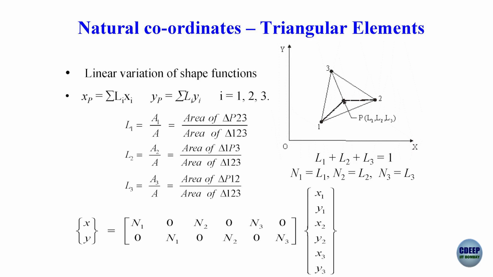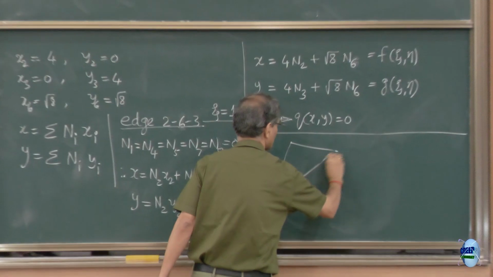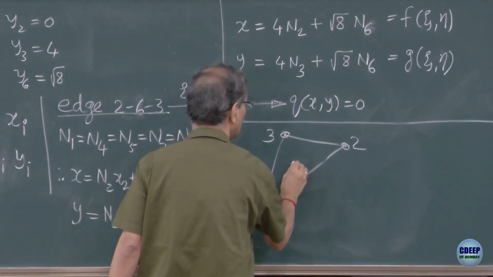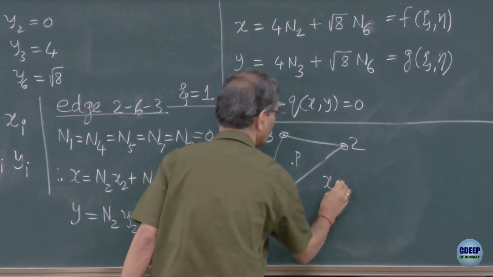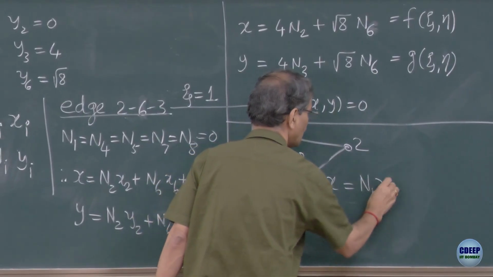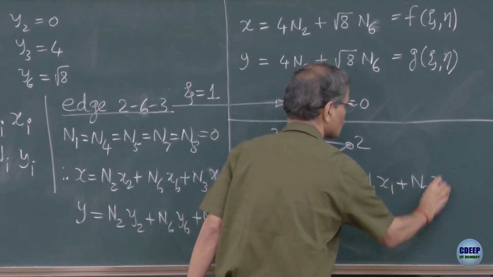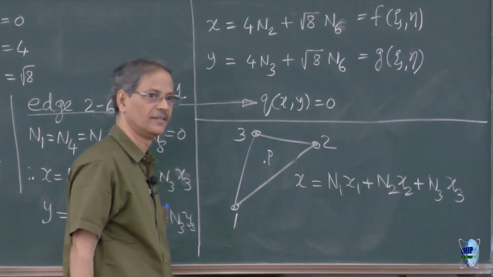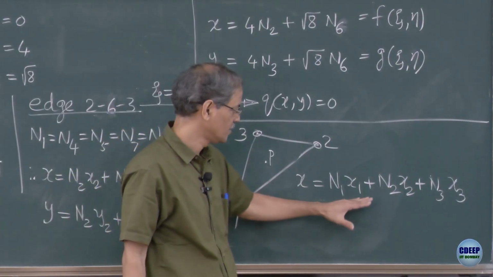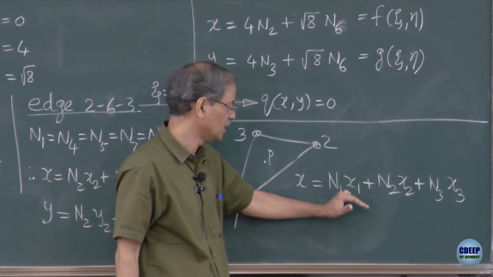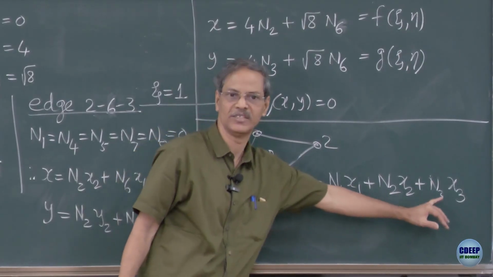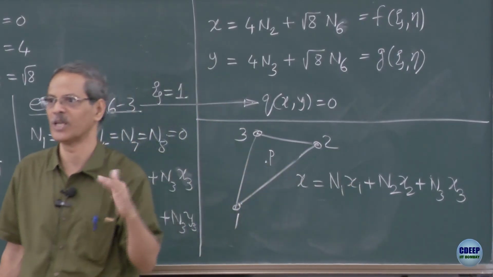So for a 3-node element, 1, 2, 3, x of any point P is N1 x1 plus N2 x2 plus N3 x3, correct? Now when I substitute x as x1 coordinates, N1 should be equal to 1, all of these should be vanishing and so on. That is our requirement of the shape functions.